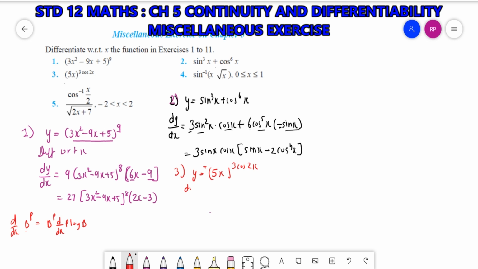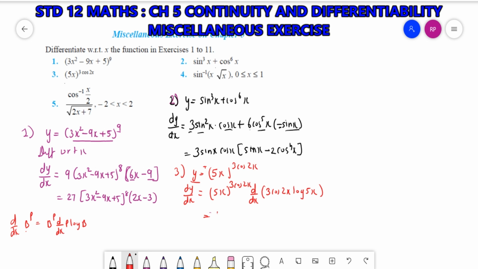So dy by dx, base to the power, that means (5x) raised to 3 cos 2x into d by dx of p, that is 3 cos 2x log b, meaning 5x.